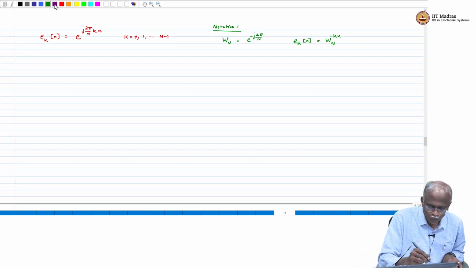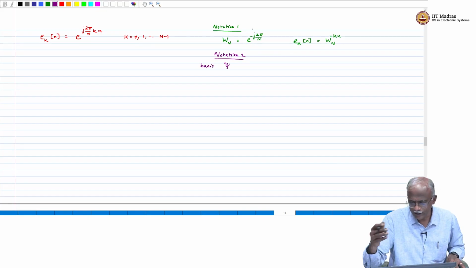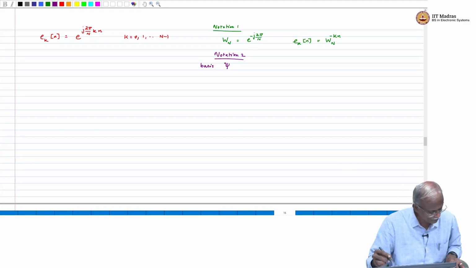There is one more notation which will be used, and it is helpful for you to keep it in mind. That is the notation of basis functions. At the end of the day, these complex exponentials are nothing but basis functions, and the notation of the basis functions is psi of k comma n.